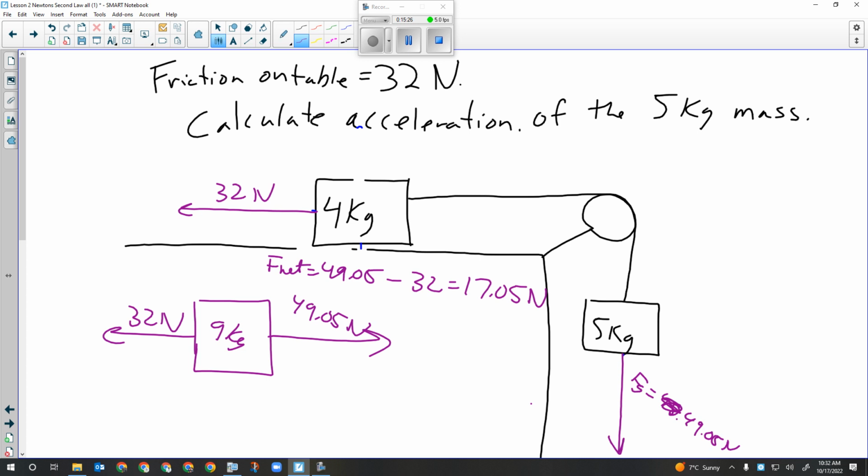So I've got my net force, and I want to calculate the acceleration of the 5-kilogram mass. What do we do next? Ethan. F net divided by M. Which M? 9, right. I have to divide by the entire mass of the system, and so by 9 kilograms.